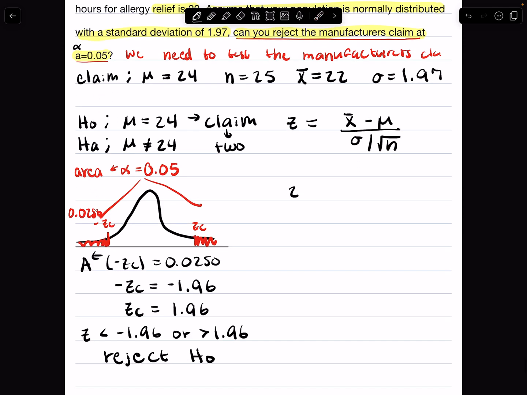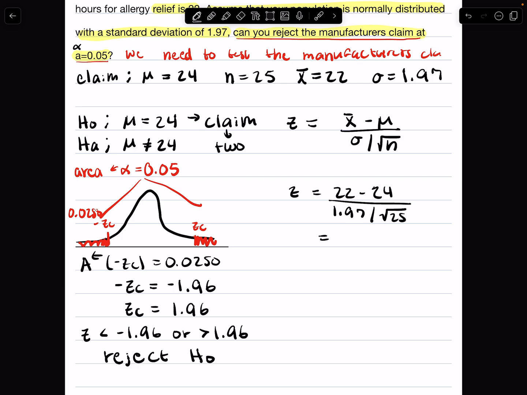So Z equals sample mean, which is 22, minus population mean, which is 24. You always use whatever value you used in the claim. Divided by population standard deviation, which is 1.97, divided by the square root of n, which is 25.